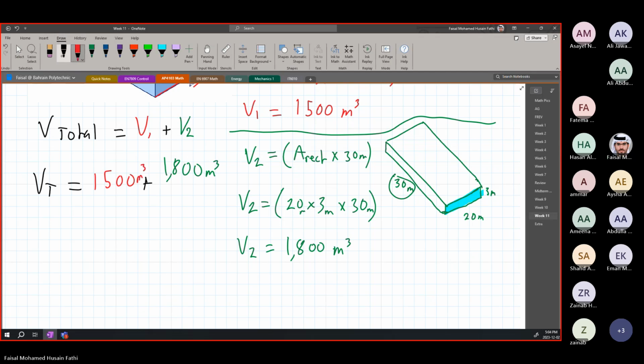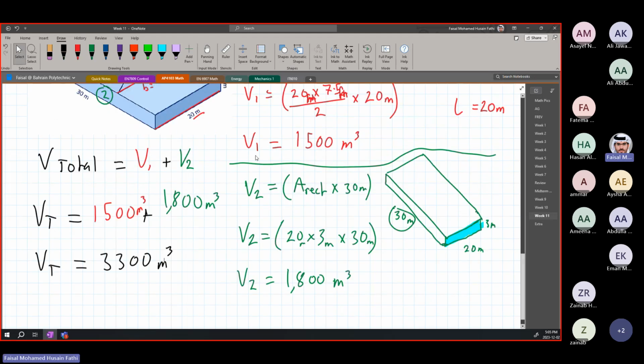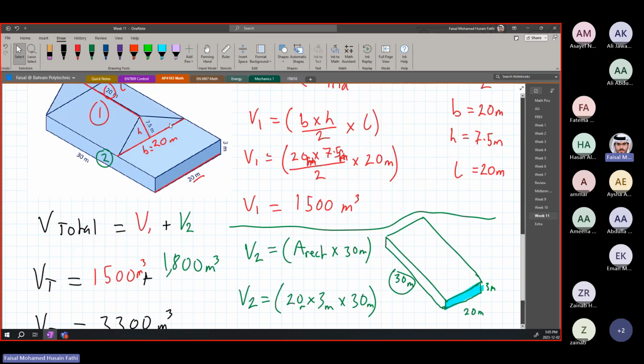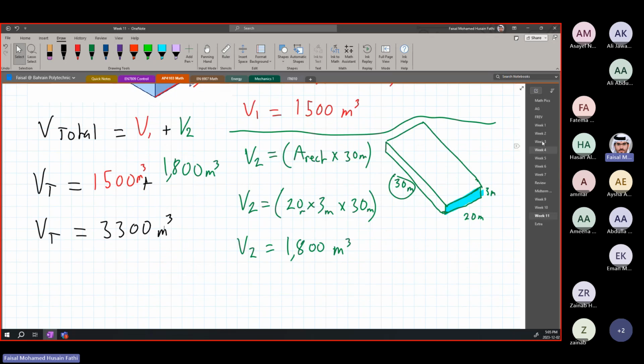Okay? Put it in the calculator. V total is going to be equal to 3,300 meters cubed. Very, very easy. The trick here is to identify the dimensions that you are not sure about. That comes with practice.